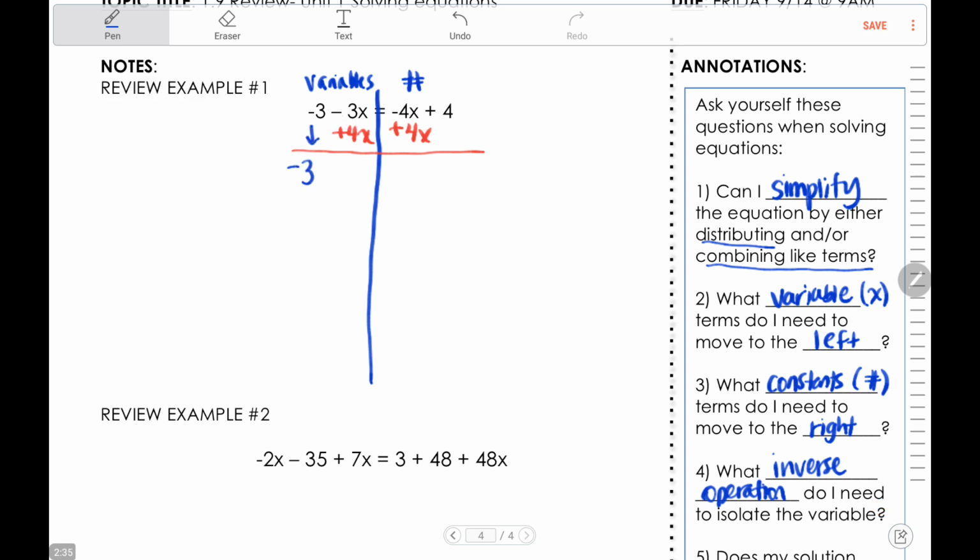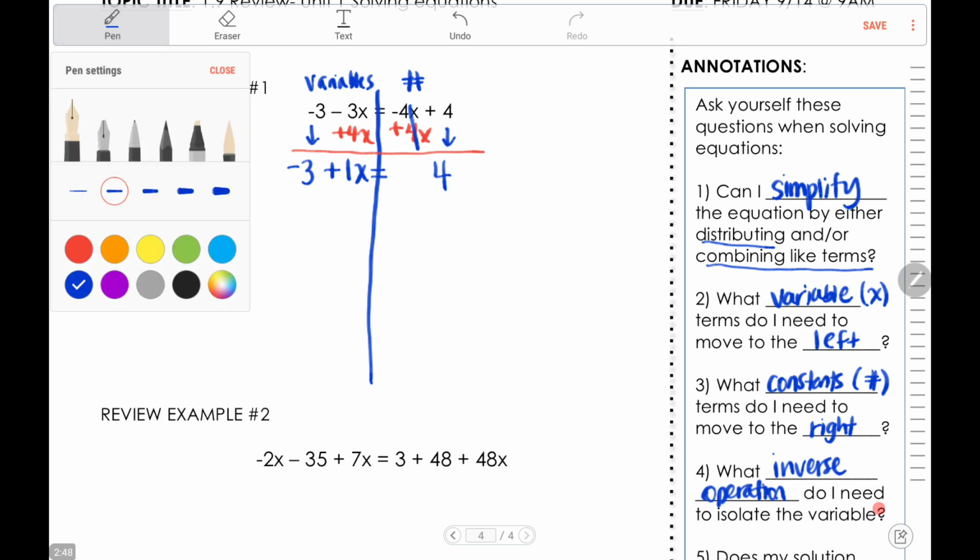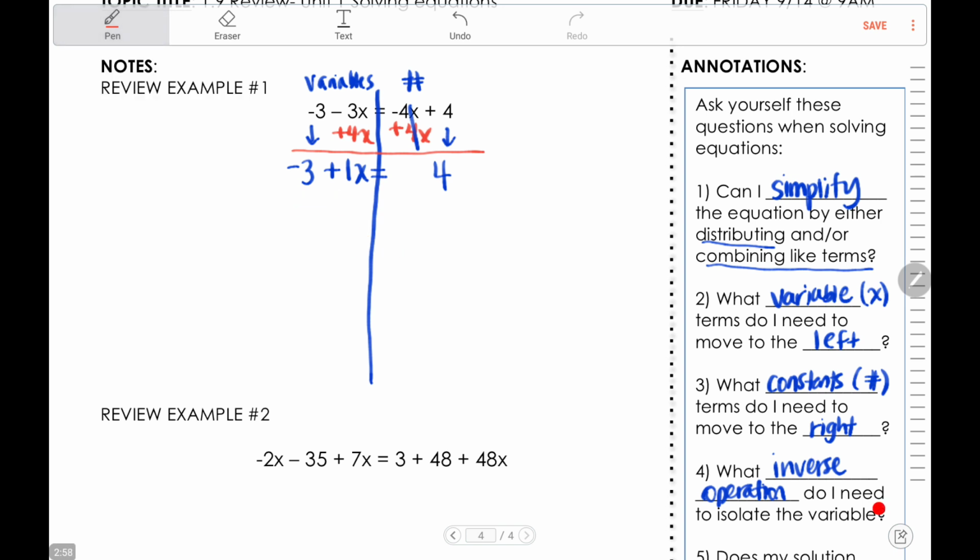Negative 3x plus 4x is a positive 1x, is equal to, now this cancels out, and now I'm just left with 4. Great. I'm looking across the equation. There's no more variable terms that need to move to the left. They're already here.